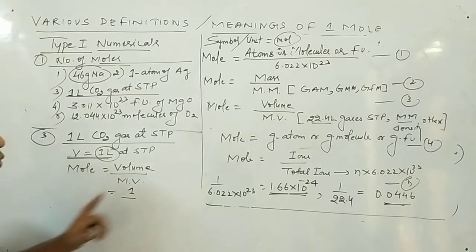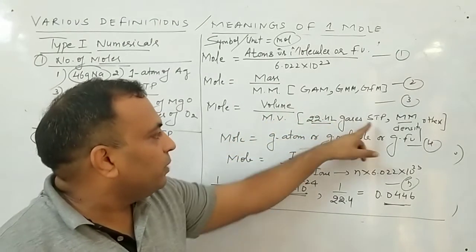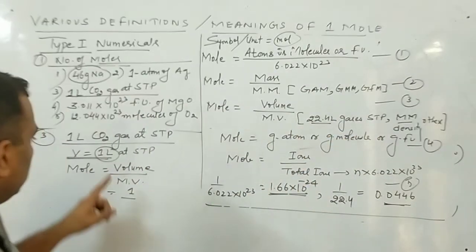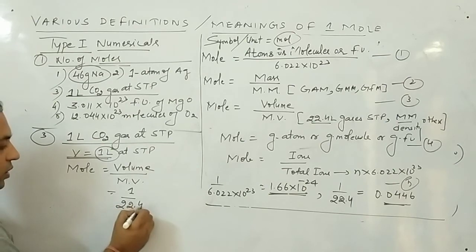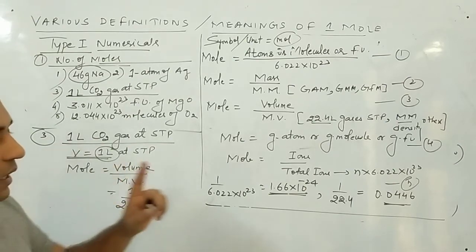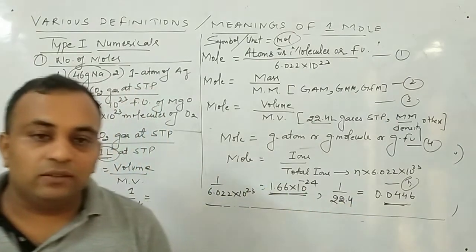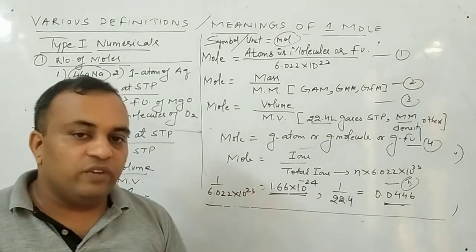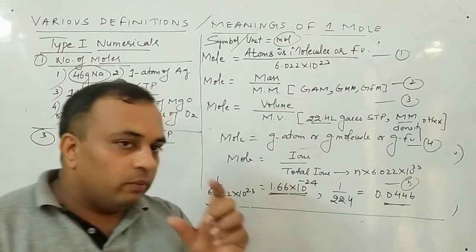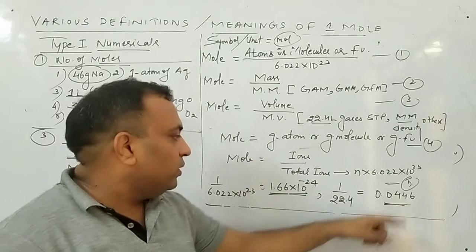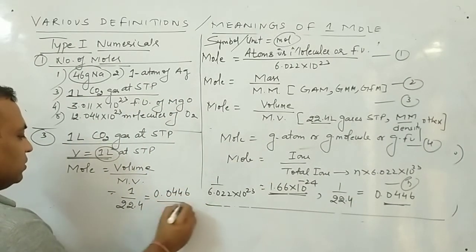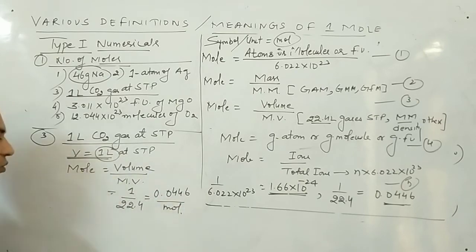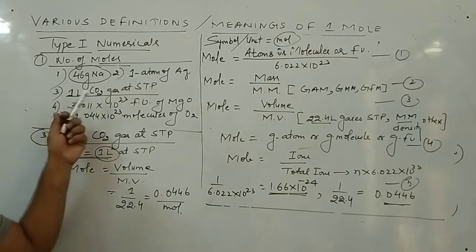Now molar volume for gas is 22.4 liter at STP. See out, this is a gas, STP is written, so what will I do? Upon 22.4. तो इसका भी मैंने कहा था you have to learn the value directly, otherwise so much of your time is wasted doing the calculations. So just remember these small tricks. So 1 upon 22.4 is 0.0446 mole. So this is the way I have solved third part.